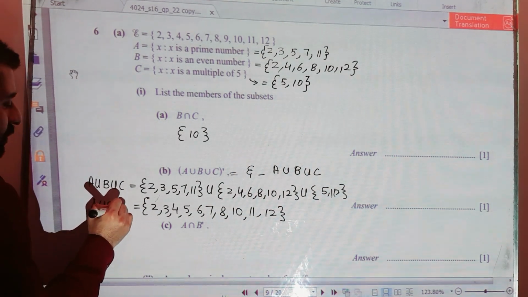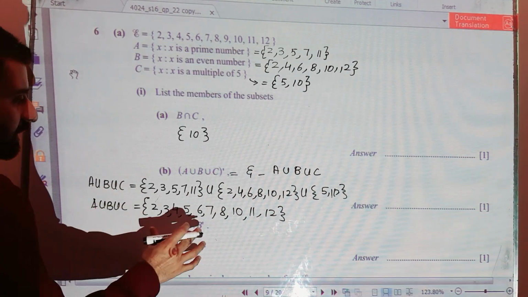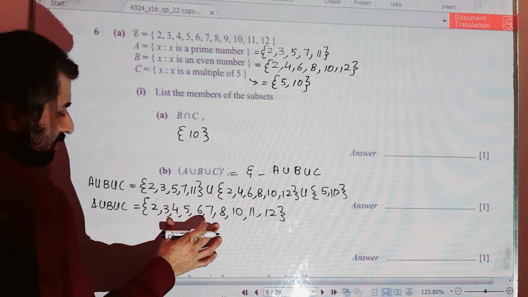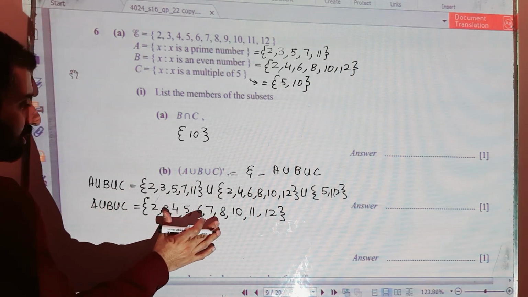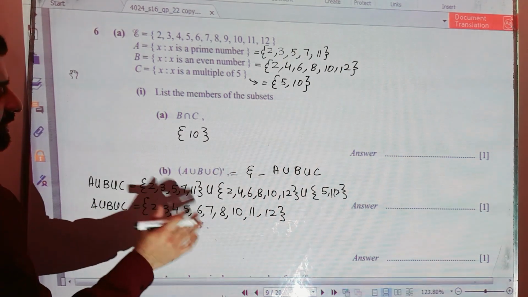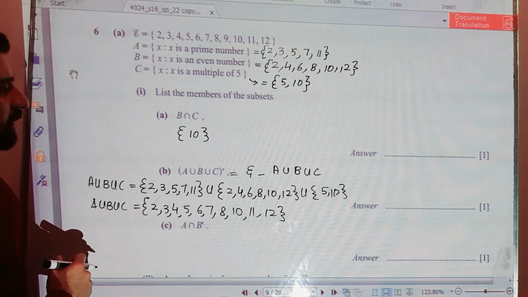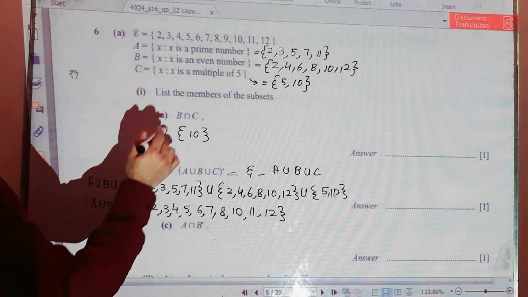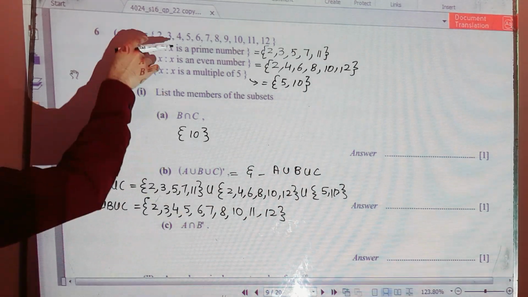And if you want to find the complement, simply cancel the elements of A union B union C from the universal set, or simply universal set minus the elements of A union B union C. You need to cancel all those elements from the universal set.